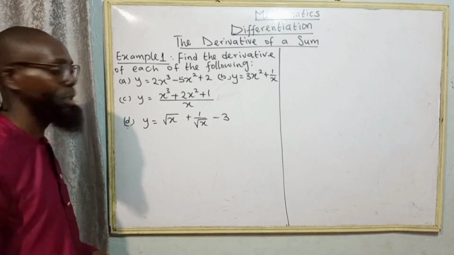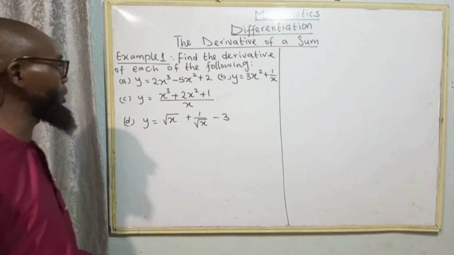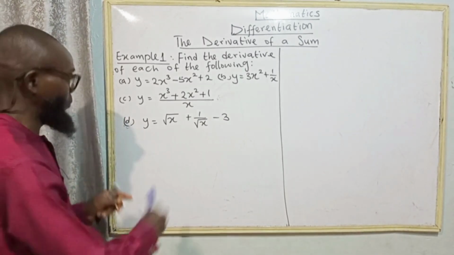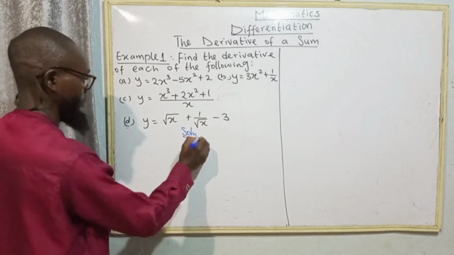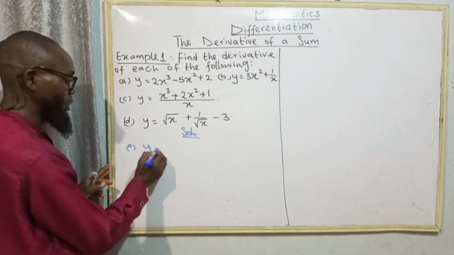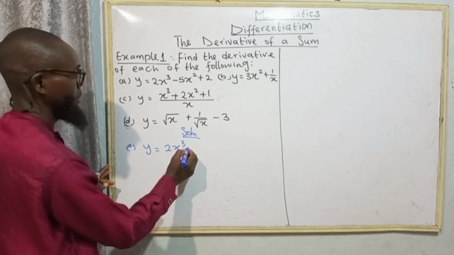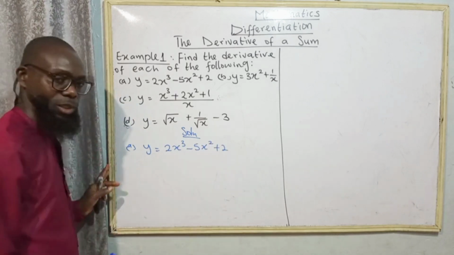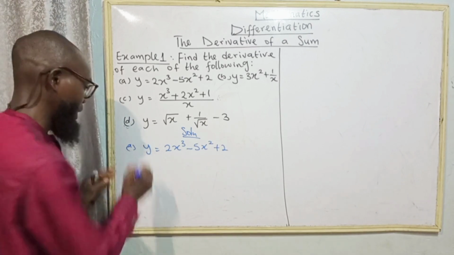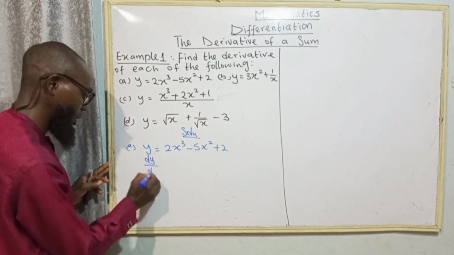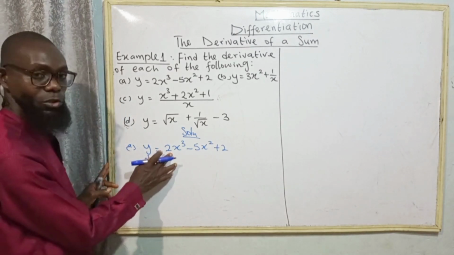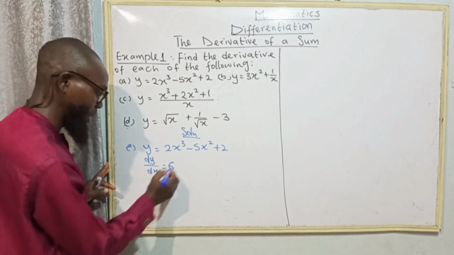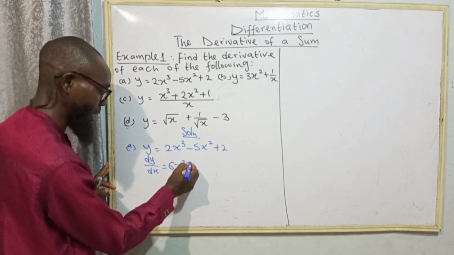Example 1. Find the derivative of each of the following. The first one, y equals 2x cubed minus 5x squared plus 2. These are sums. dy/dx will be the derivative of each individual term. 3 multiplied by 2, we have 6, x to the power 3 minus 1.